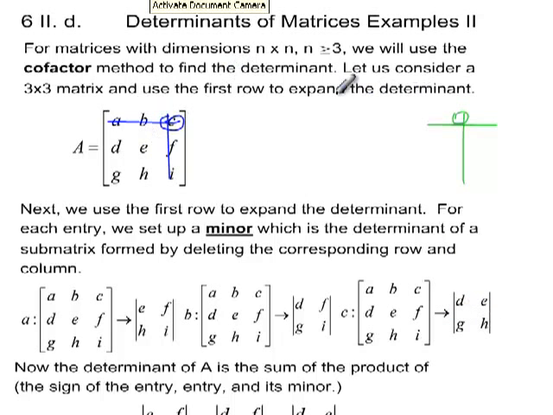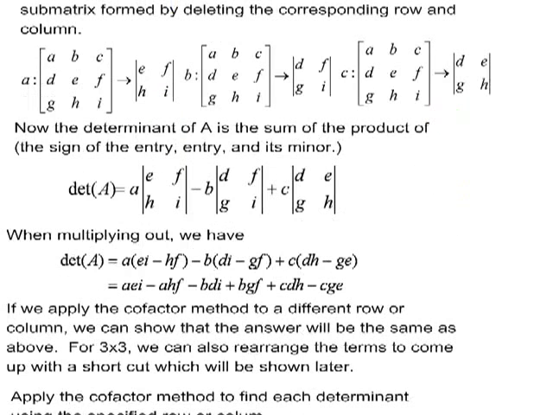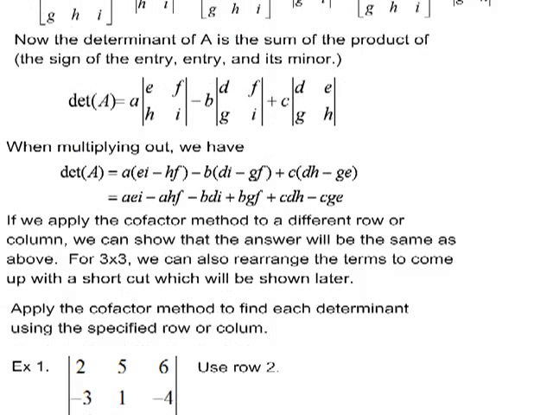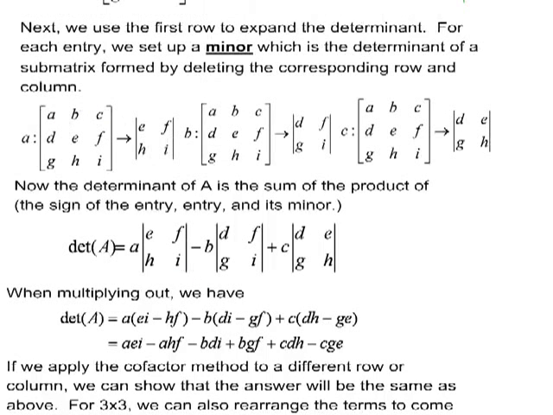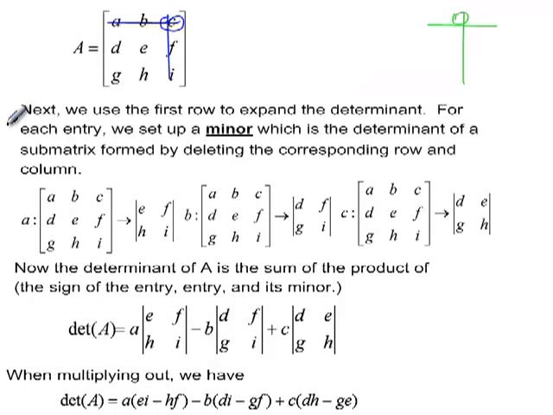After you set up the minors for each entry in the row that you are using, the determinant of A will be the following. Because the row that you pick is the first row, it's always the entry A times the corresponding minor, and B times the corresponding minor, and C times the corresponding minor, but then you need to either add or subtract.